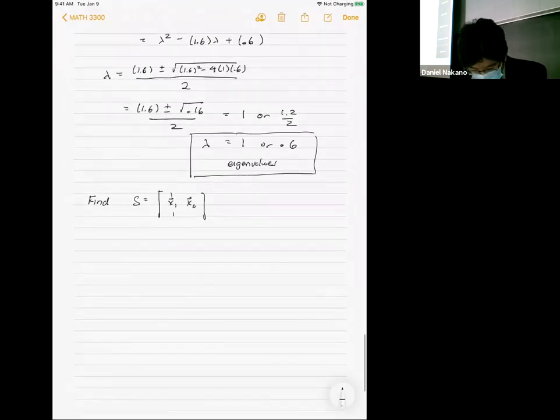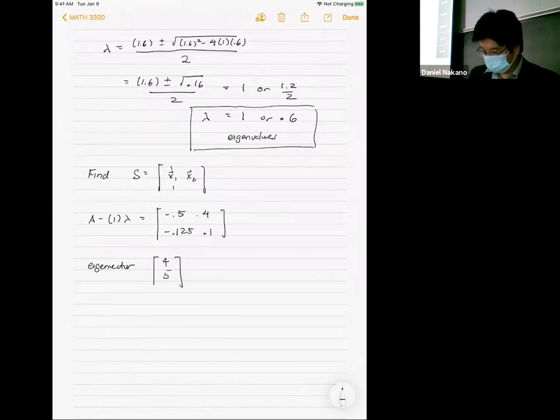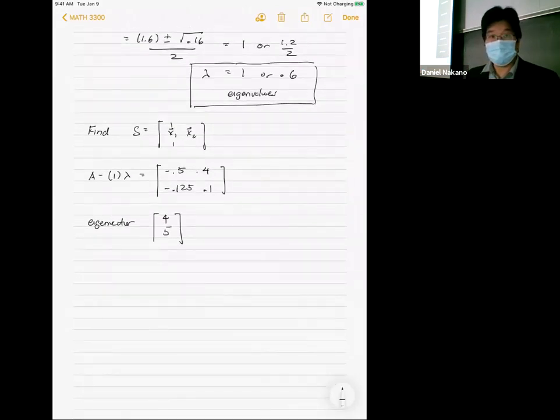If you do that for A minus 1 times I, you get the matrix minus 0.5, 0.4, minus 0.125, and 0.1. And then you can check that an eigenvector for this is 4, 5. If you multiply this matrix by 4, 5, you get 0.